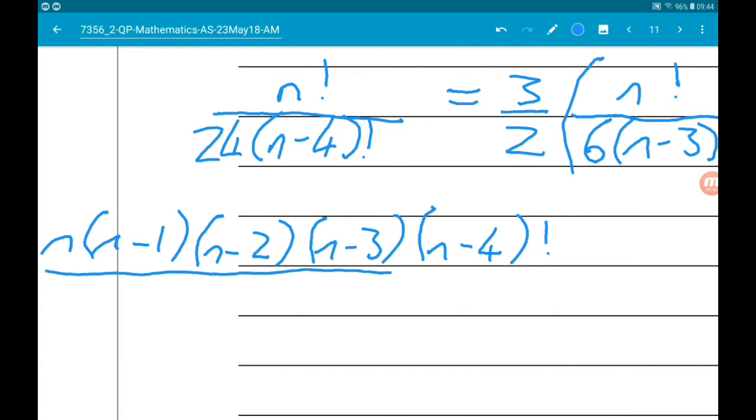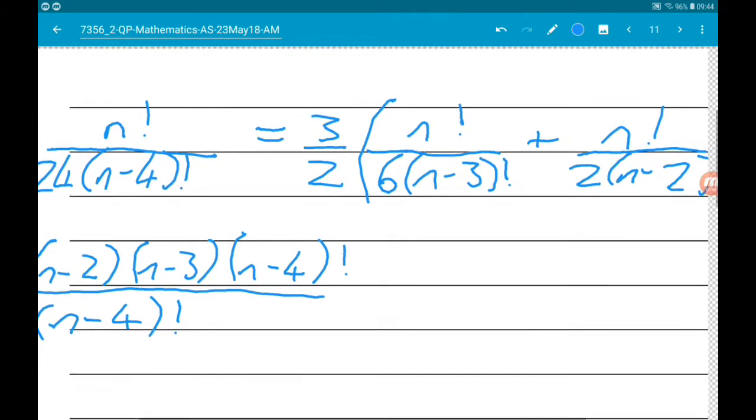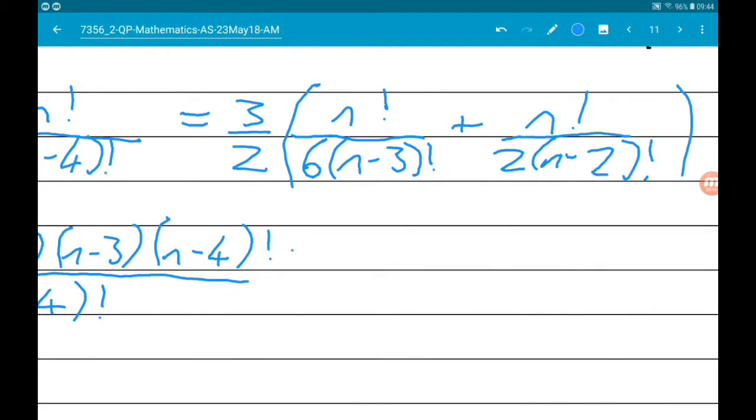So that's what we have over on the left. Now that is equal to 3/2.